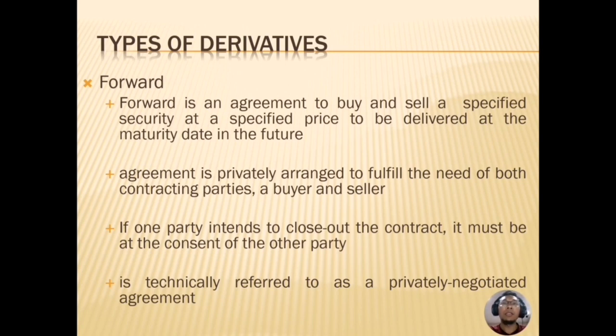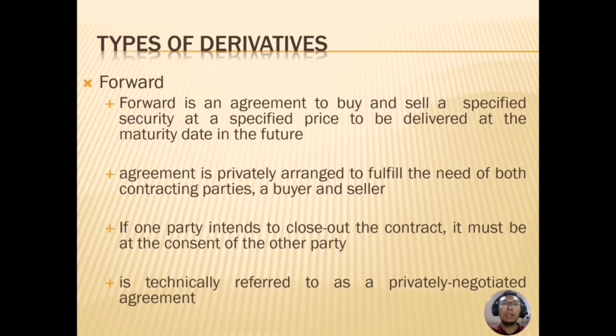So it is an agreement. Both parties, the buyer and the seller, must agree on a specified date and specified price, and it must be delivered at the maturity date in the future as stated in the agreement. The agreement is privately arranged to fulfill the needs of both contracting parties, a buyer and seller.